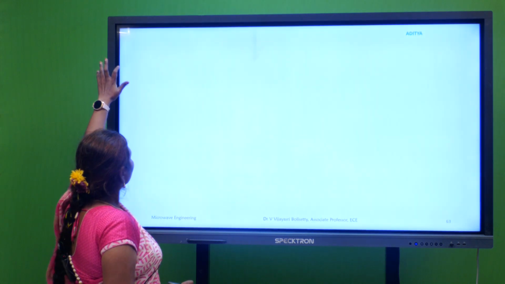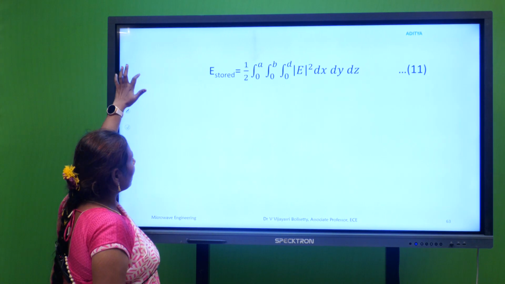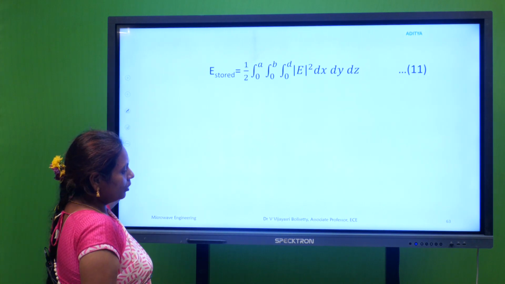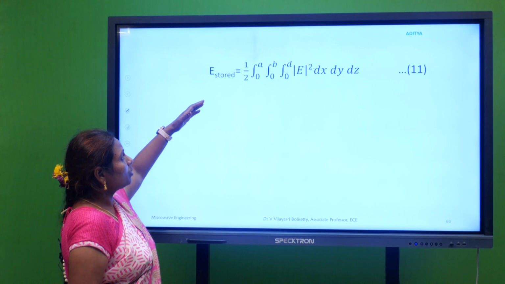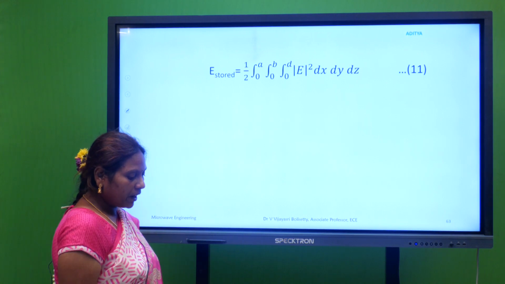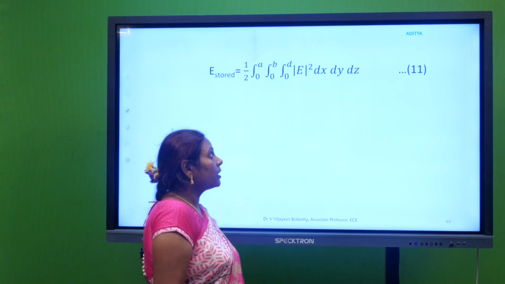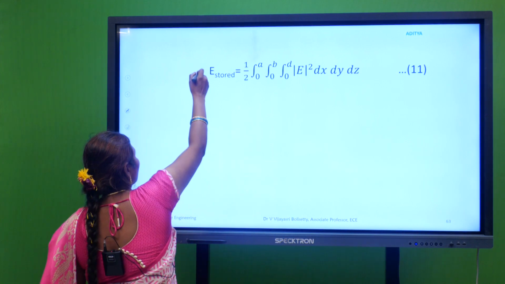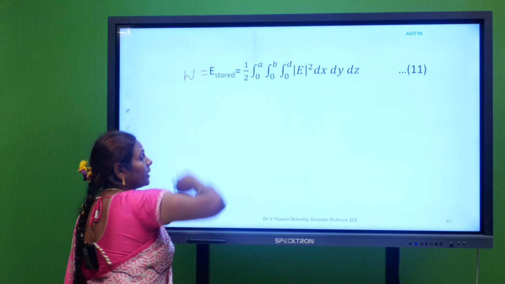Once we get that E naught value and Ex, we substitute that in the energy stored. As we have defined, the energy stored is represented as W. Here we have taken it as E stored, or we can call it W.